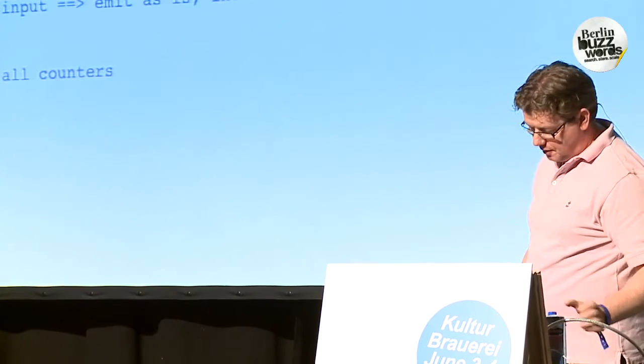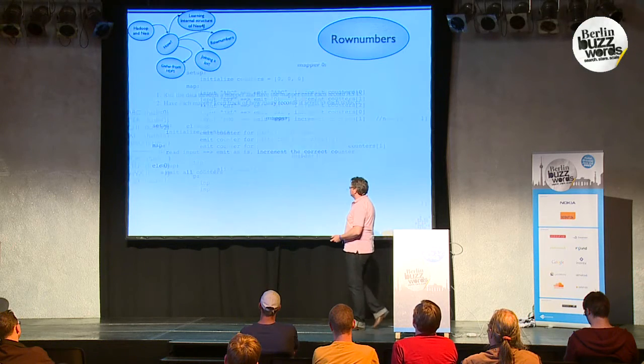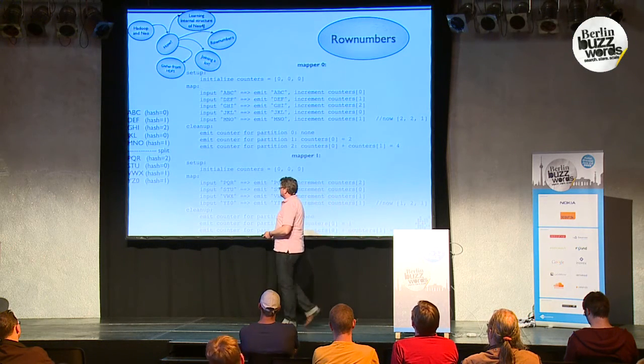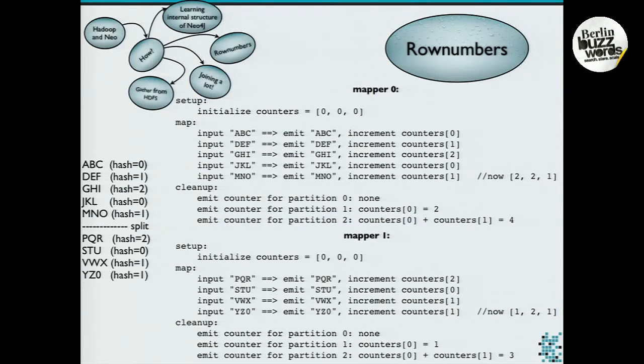This is some pseudocode, but I have here a slide with pseudocode and some data. On the left, you see again the small input with the hashes at the end, and you start by reading ABC and emit it, and increment the zeroth counter, and then DEF, and it increments the following counter.